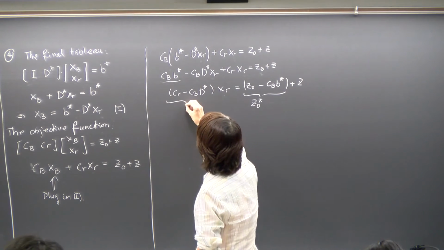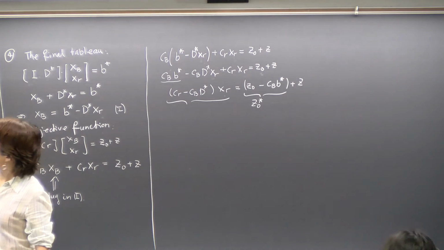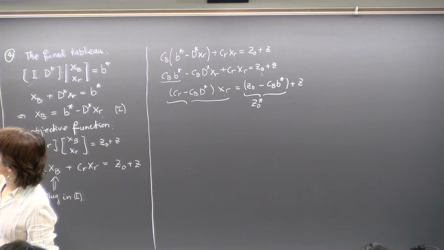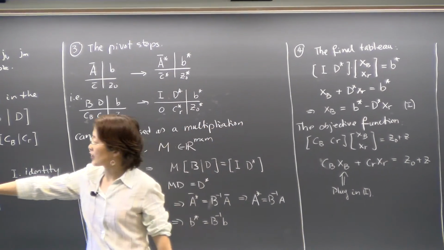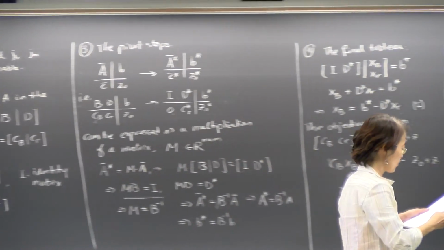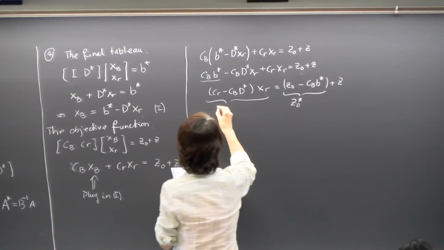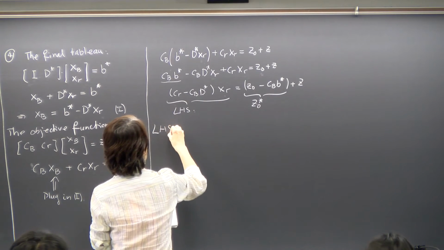Which means this left-hand side, in the end, takes this form, and we want to show that this C bar star is expressed by that. Okay, so let's take a look at this. Let's call this the left-hand side.